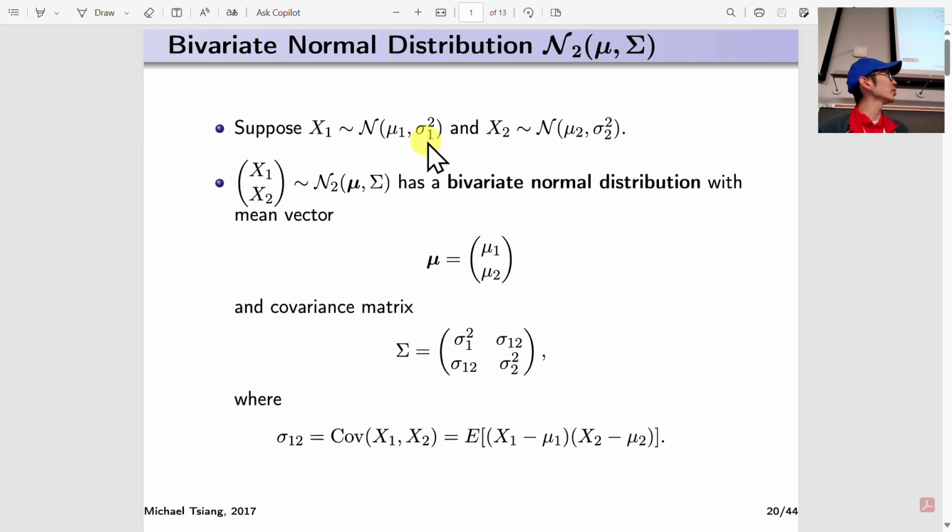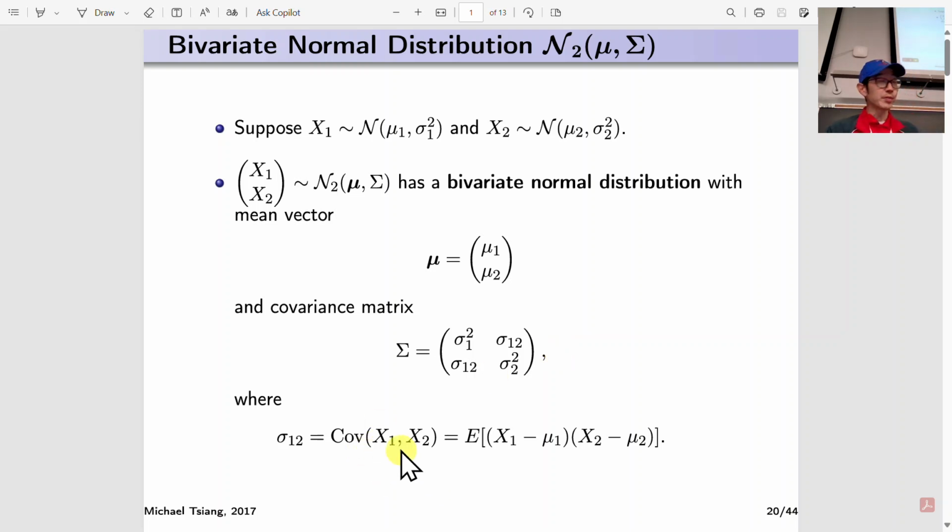With mean mu1 and variance sigma 1 squared, and x2 has mean mu2 and variance sigma 2 squared, okay? But x1 and x2 have covariance in that you have this covariance matrix where you have covariance sigma 1,2 between x1 and x2, okay?